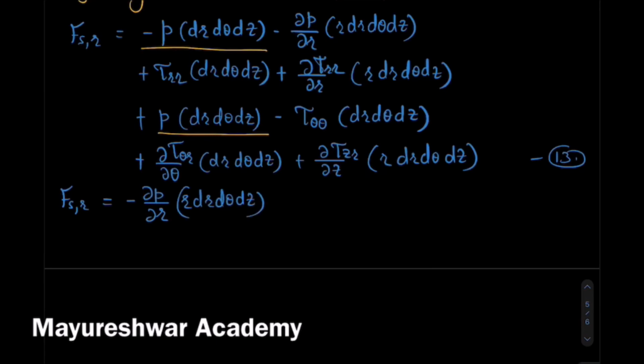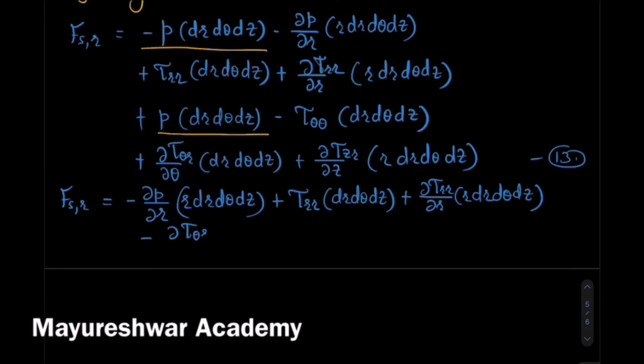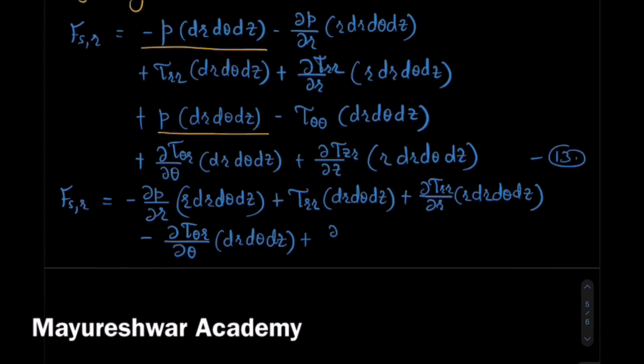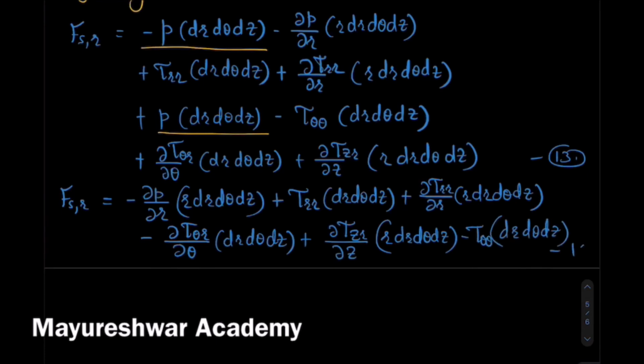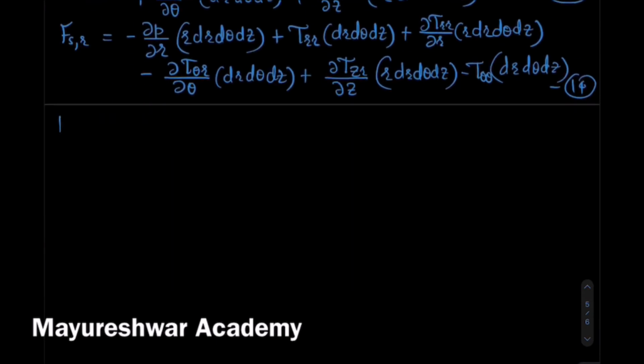So it's negative dp dr r dr d theta dz, plus normal stress component along r direction multiplied by dr d theta dz, plus its rate of change along r direction r dr d theta dz, and minus we have tau theta r divided by d theta into dr d theta dz, plus partial change of tau zr over z direction multiplied by r dr d theta dz, minus tau theta theta, which is normal stress component along theta direction resolved along r.